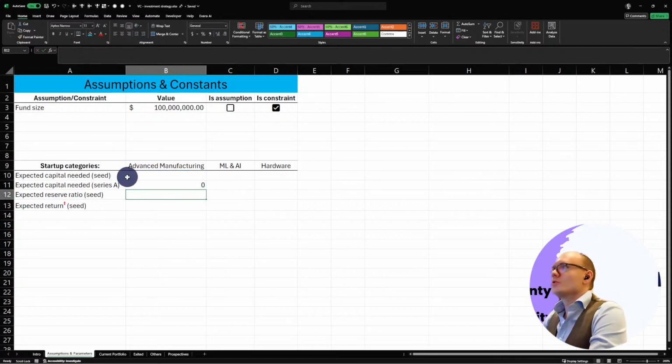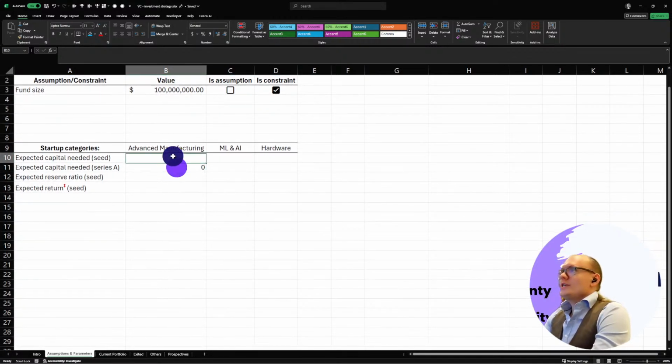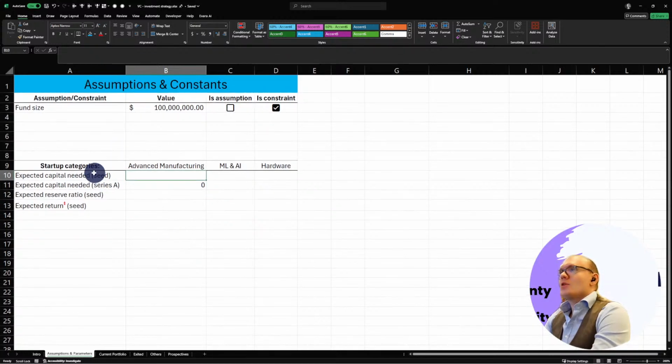There we go. So this is 0 for now. So there will be some multiplying factor of however much capital was needed initially. Now, we'll return to this in a second, because first we will say how much is expected to be needed in advanced manufacturing.